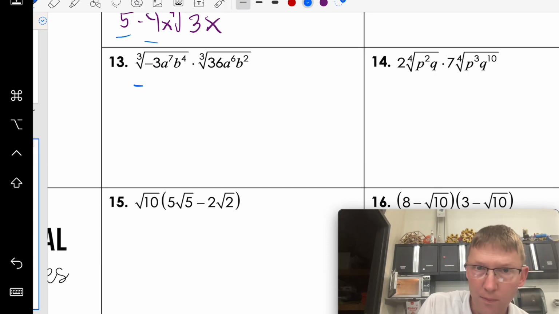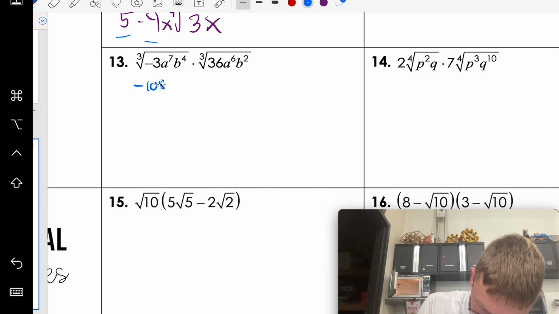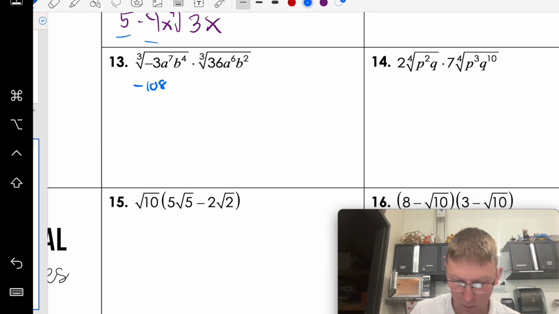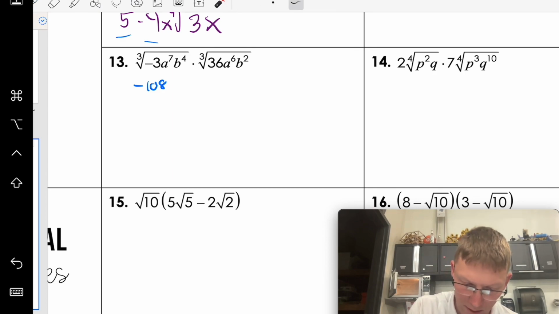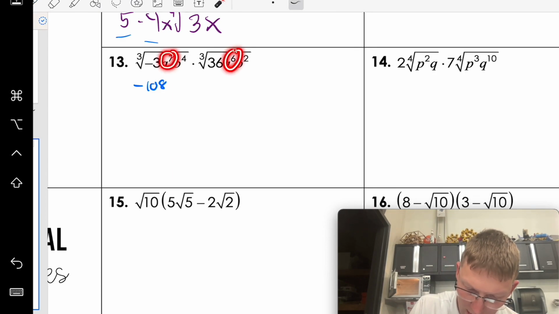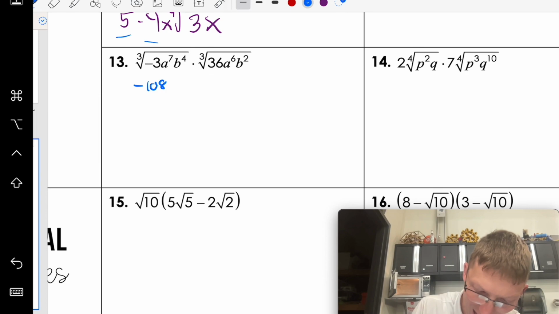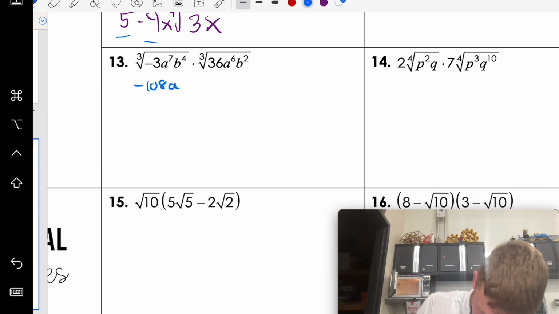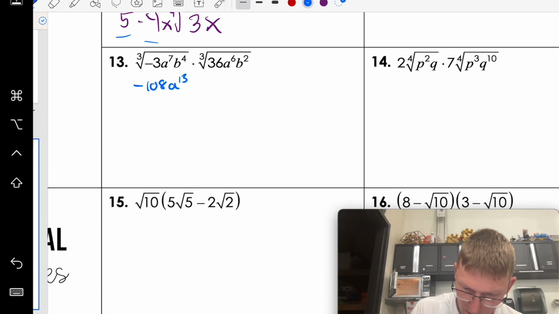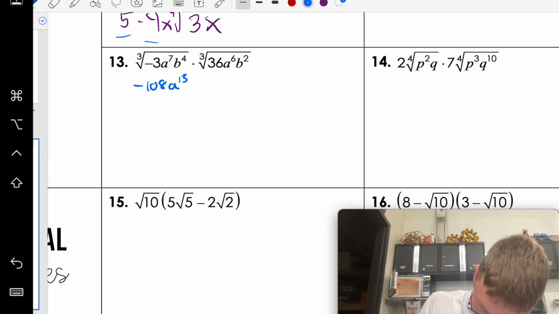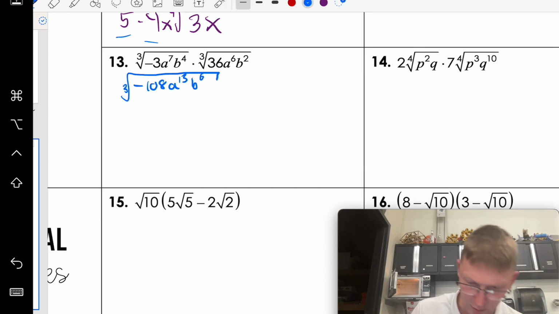So we're going to have negative 108. And then a to the 7 times a to the 6. We're just going to add those exponents. So it's going to be a to the 13. And then b to the 4th times b to the 2nd. We're going to add those exponents too. So it's going to be b to the 6. And this is all cubed root.